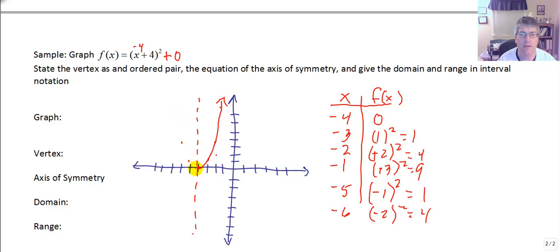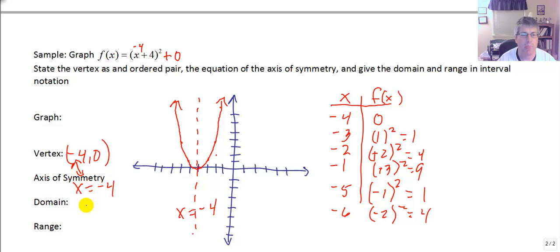And you can see I've reflected about the x-coordinate of my vertex. So my vertex is at -4, 0. My axis of symmetry is x equals -4. It's always the x-coordinate of the vertex.